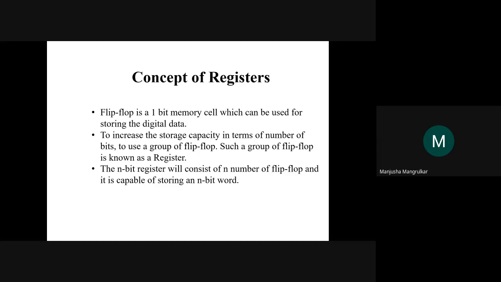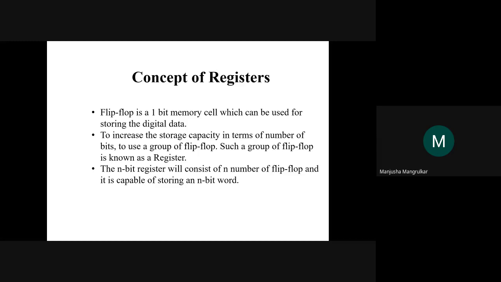But if you want to save data in continuous 8 bit, 16 bit, you have to arrange the flip-flops in a group, and that group of flip-flops is called a register. So 8 bit data will be stored there, 16 bit data will be stored there as per your requirement, right?